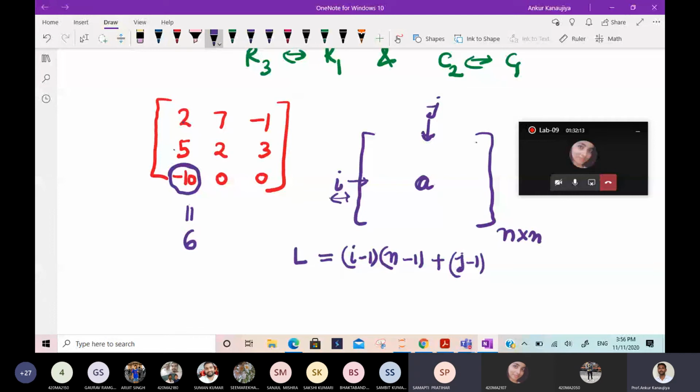Just see here. If this is 6, what is the matrix size here? 3. So it is 3 cross 3. Whatever entry MATLAB gives, divide by the matrix size.